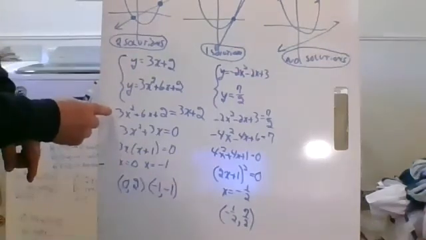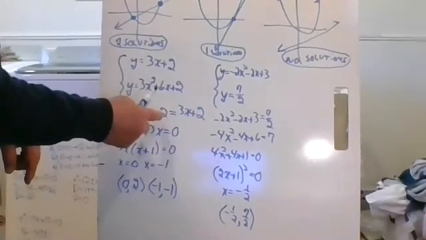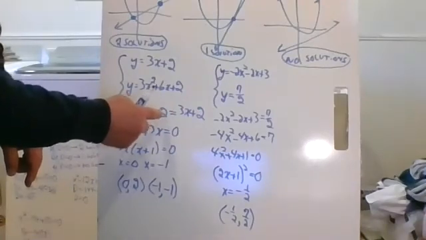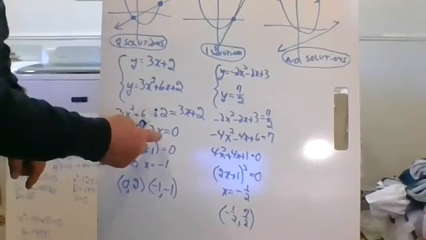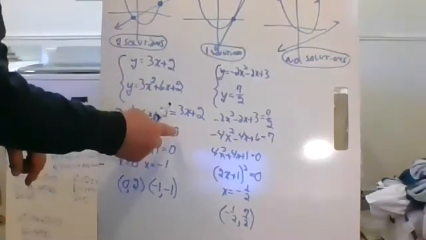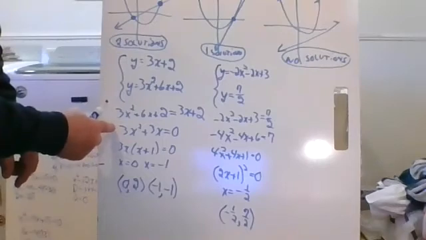Then we get this. Now bring the 3x over and the 2 over, and the 2's cancel, and you get 3x squared plus 3x equal to 0. And now we just have to solve that equation.